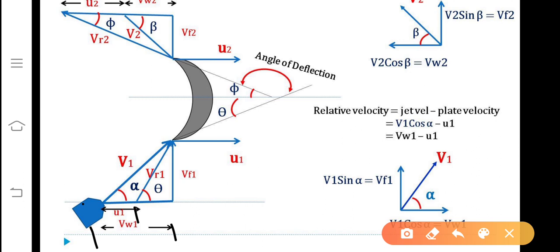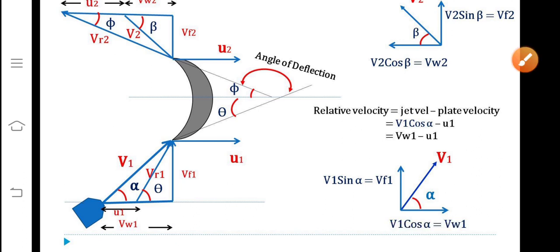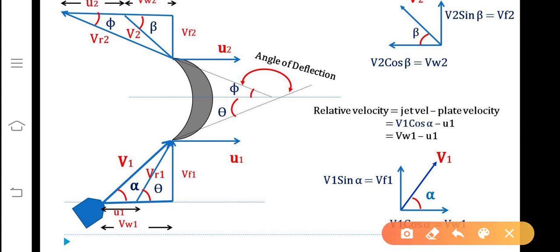So you are required to find out Vr2, that is VW2. VW2 is equal to V2 cos beta, whereas VW1 is equal to V1 cos alpha. You take this free body diagram where here V1, if you want I will show here itself, this triangle, V1 here means we are left with Vr1, this is VW1 total.